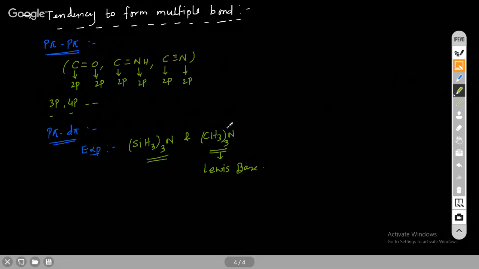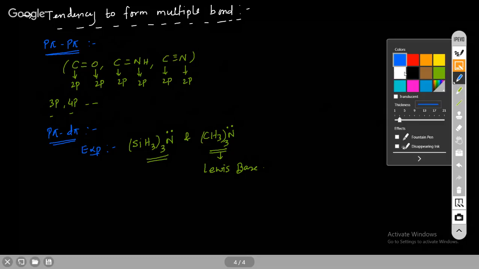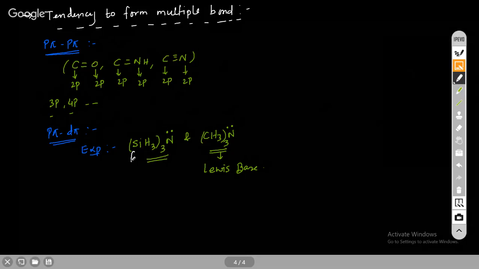What happens here is that this has a lone pair and this also has a lone pair. But since here we have silicon, which has vacant d orbital, this lone pair is donated to the vacant d orbital of silicon to form p-pi d-pi back bonding. Hence this lone pair is not available, and it is a weaker base.